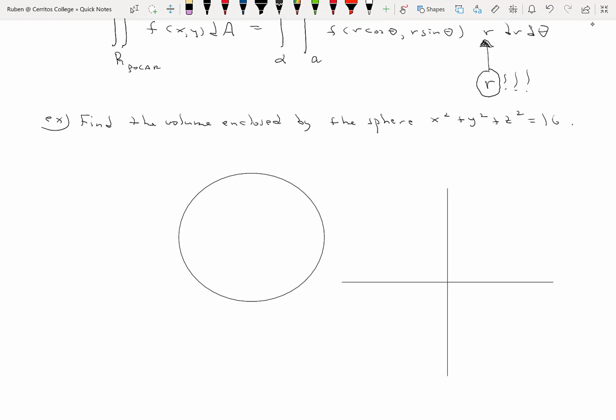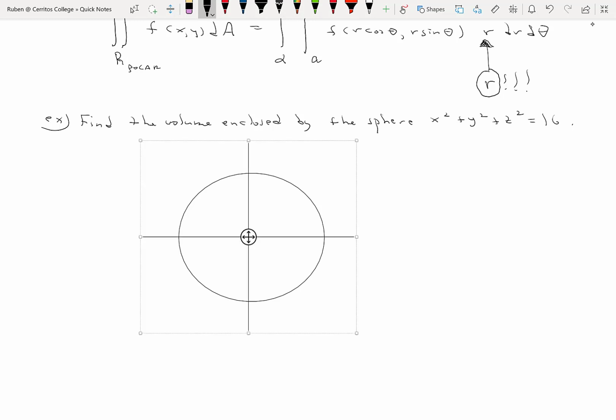So let's draw the sphere in 3D, and let's give it some perspective here. So we're interested in the volume of this sphere. X squared plus y squared plus z squared equals 16 is a sphere of radius 4 centered at the origin.